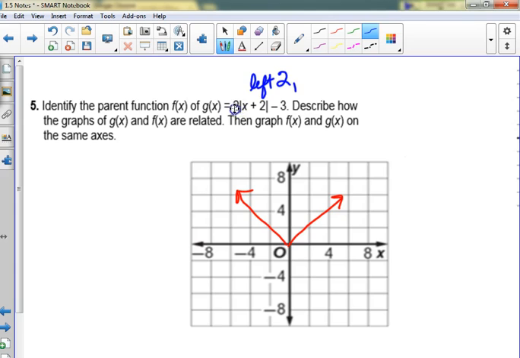Before we do that, it is vertically stretched by 2. If the 2 isn't inside, it's not the opposite of what it seems. It's exactly what it seems. A 2 stretches it. And then we're going to go down 3.